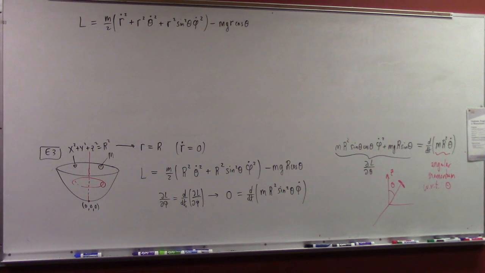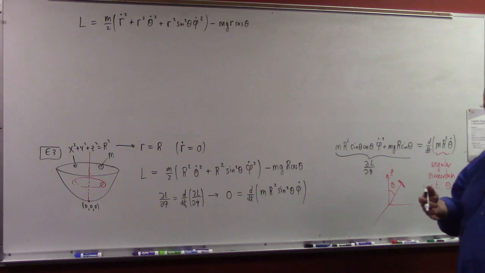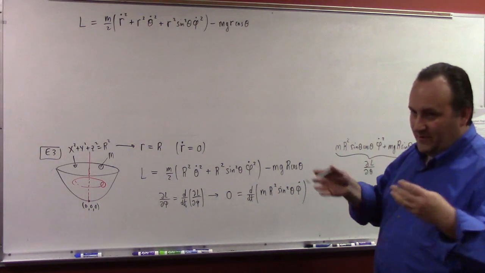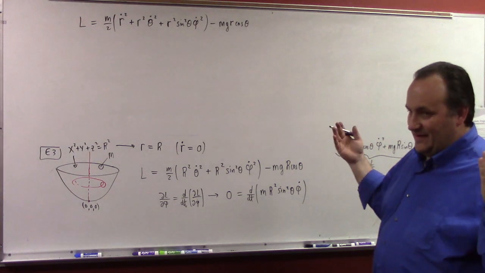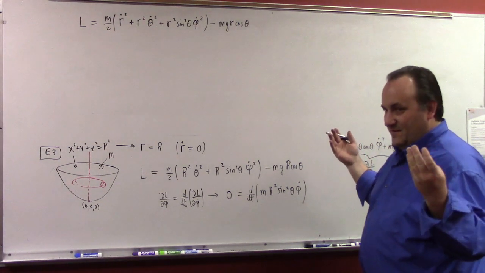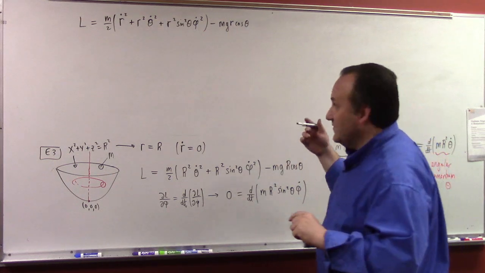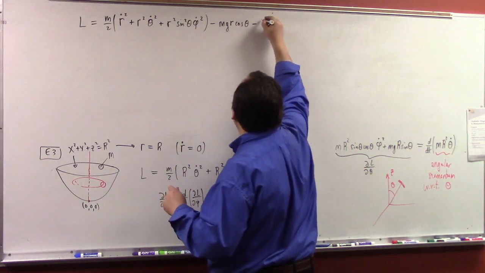So essentially, instead of imposing the condition that little r equals big R, which is to say that you're on the surface of the bowl, you say, no, I'm just going to let little r be free. I'm not going to say little r is equal to big R at the start.